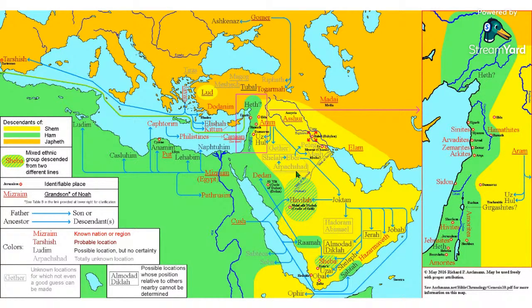Arpachshad, of course, is the father of Sela, Eber, of the Eberus, Peleg, and eventually Abram. Aram is the father of Uz and Hul. And Aram is the father of Joktan, which became these nations down here, basically Arabic.